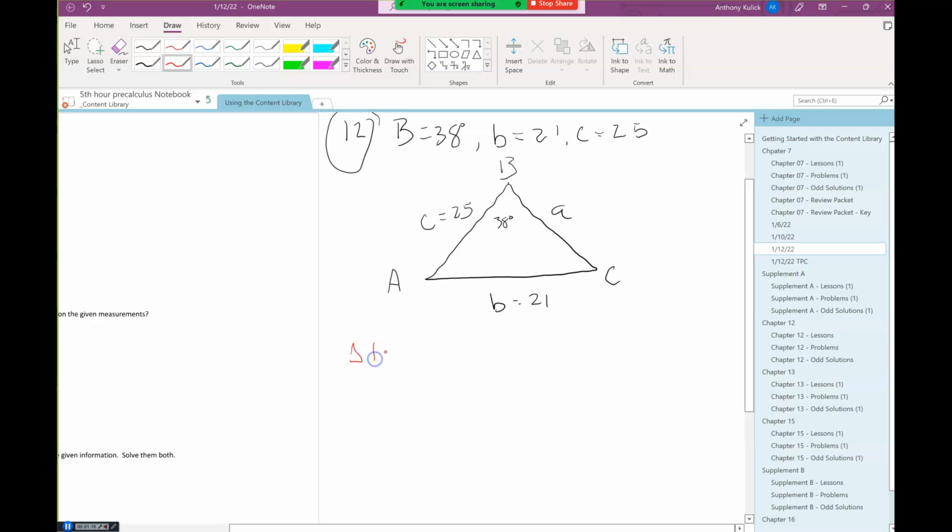So I'm just going to start by making myself a little place to record my answers. I don't want to accidentally forget to find something. So I'm going to start by writing down the given information because that is part of both triangles.